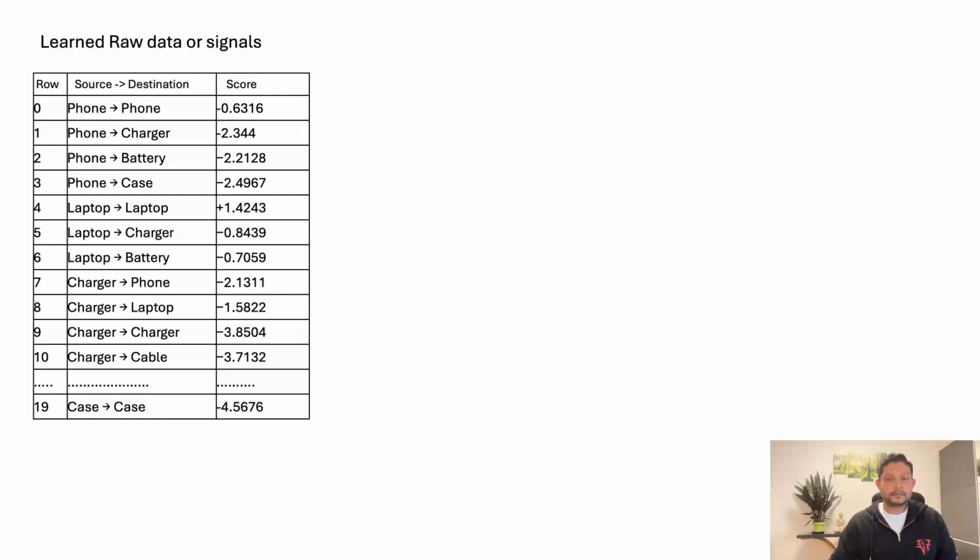So we have found the learned data, or signal, from the previous calculation. Next we need to understand how important those signals are. From now on we'll call these raw data the signal. As I said, next we need to understand how important those signals are, and this is where the activation function comes into play.